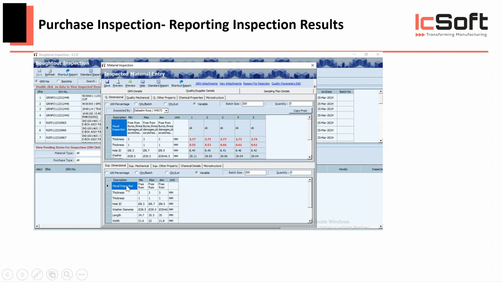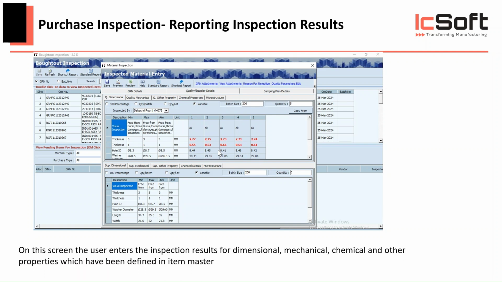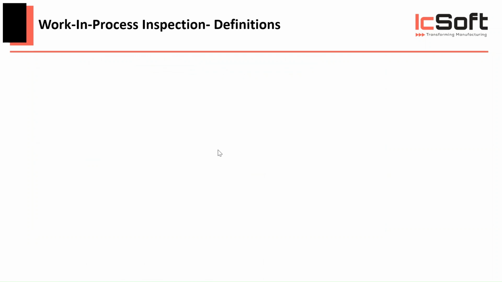Then again, same thing is done for the mechanical properties for these items. So entry is taking place here and the results are being seen over here. So that was about purchase inspection.